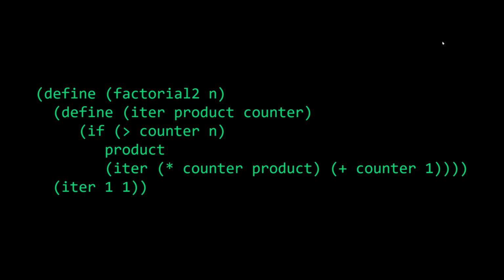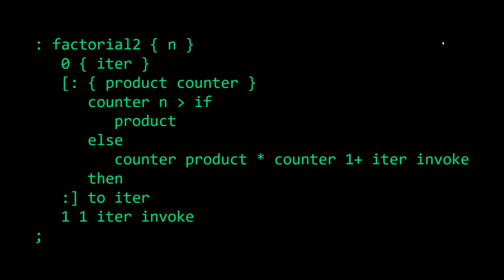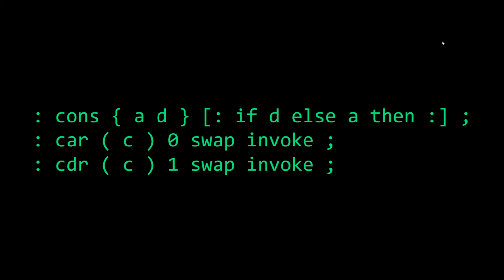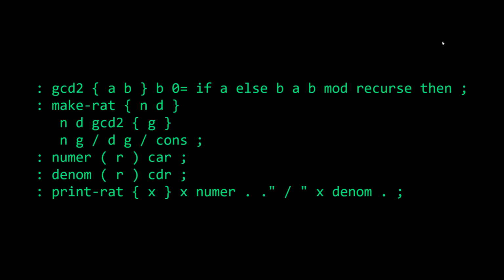You can also, borrowing from the Structure and Interpretation of Computer Programs book, here's another iterative implementation of factorial, and you can do the same kind of pattern in Forth. You can, of course, use all the usual tricks with closures. You can build up pairs again from scratch out of closures, which is kind of cool.